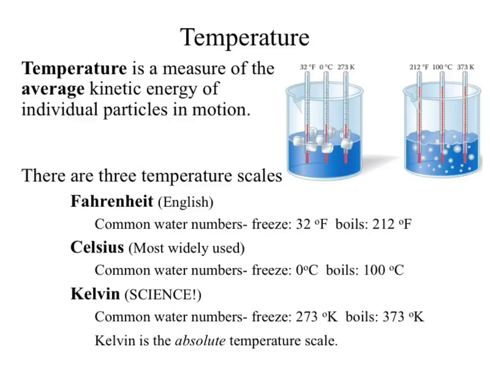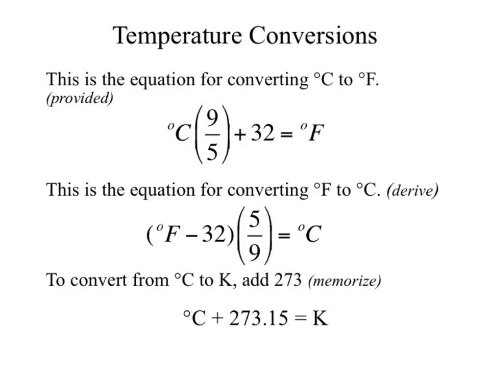What's the difference between our freezing points? 273. Boiling point? 273. Okay, so our conversion on our Celsius is relatively straightforward, or Celsius to Kelvin. But our Fahrenheit to Celsius and our Fahrenheit to Kelvin, not straightforward at all. That's not particularly fun. So we want to come up with some system that allows us to convert.